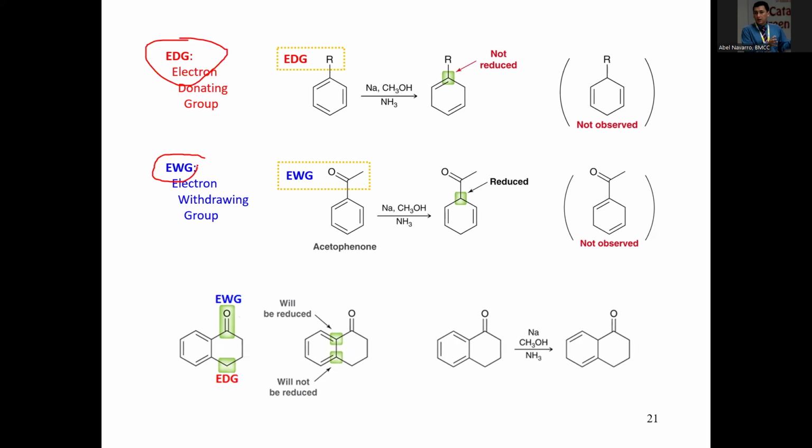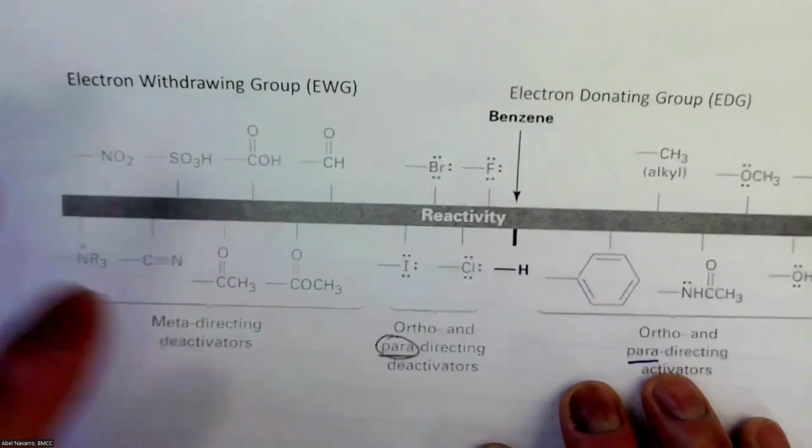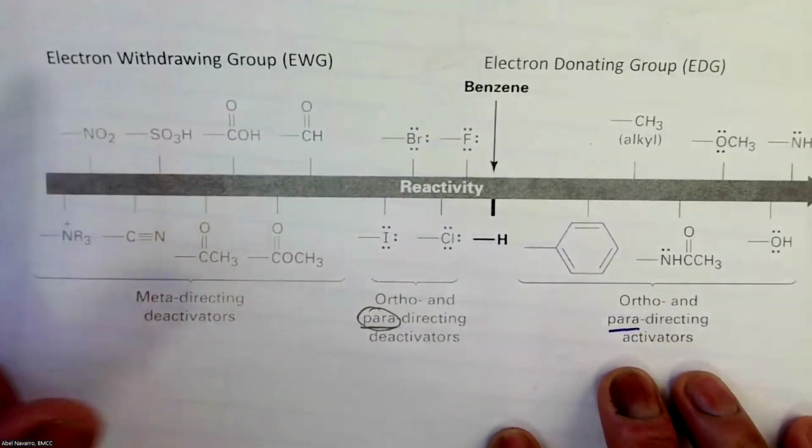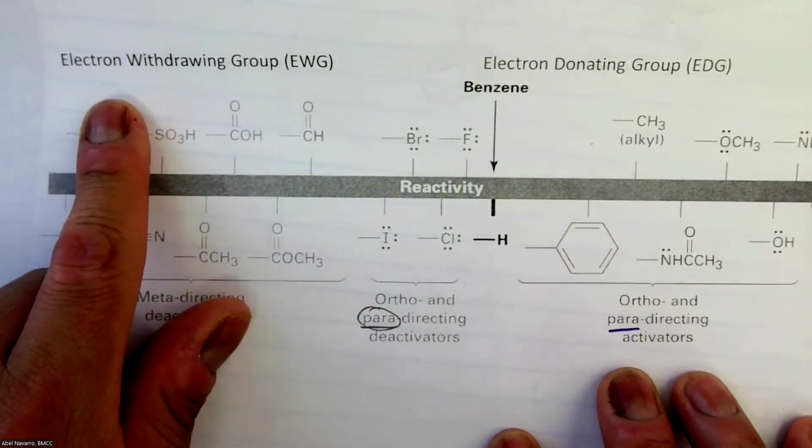The same groups that are electron-donating and electron-withdrawing in chapter 16 also apply for this reaction. Later on I will show you, because I just finished recording the next chapter, you will receive this table in chapter 18 about aromatic substitution reactions.